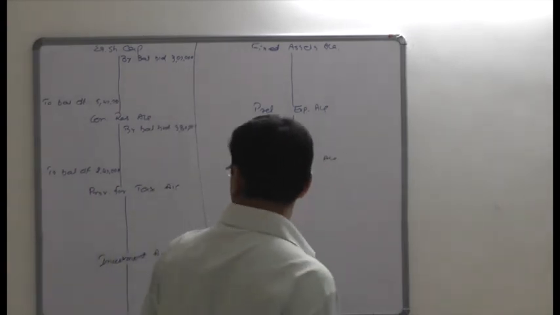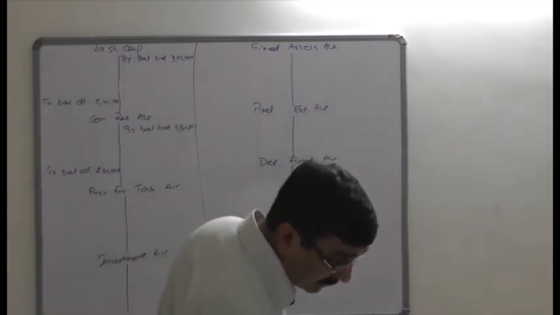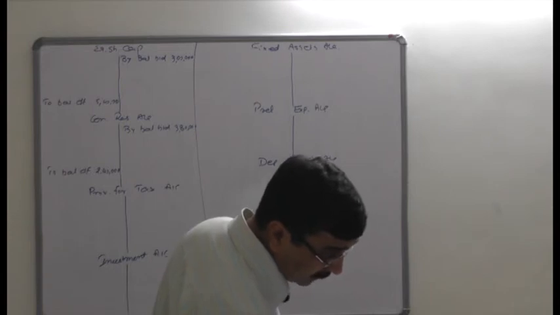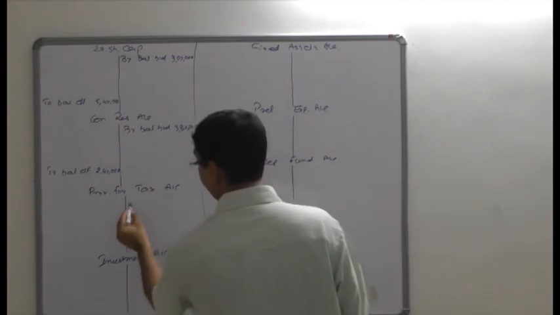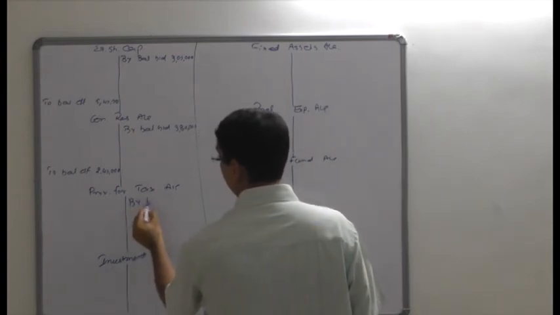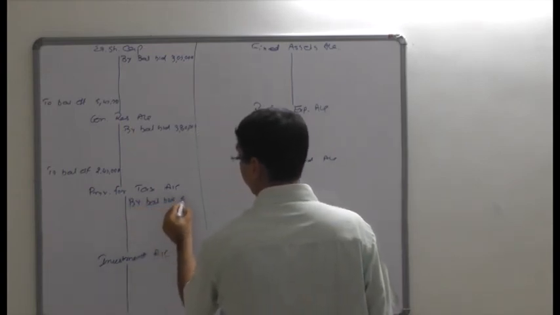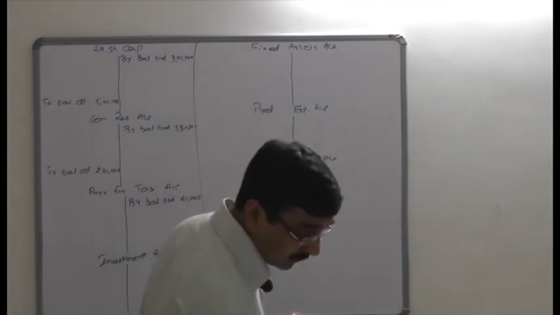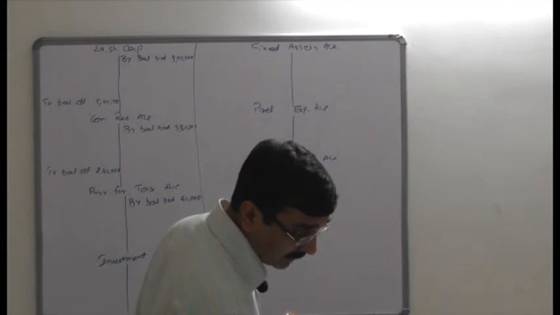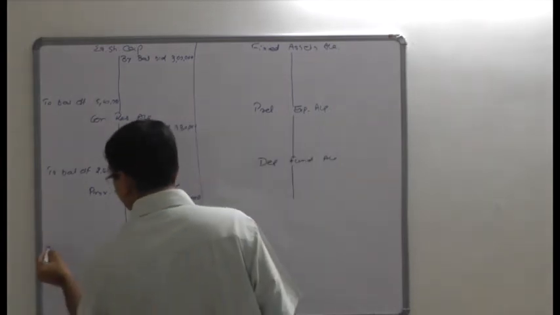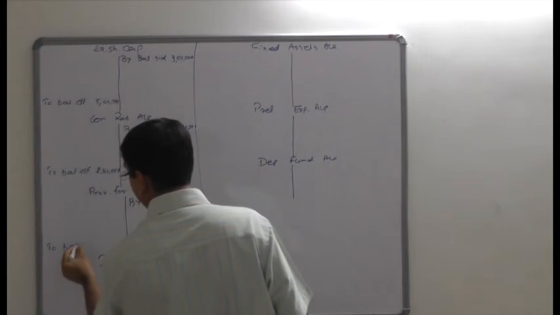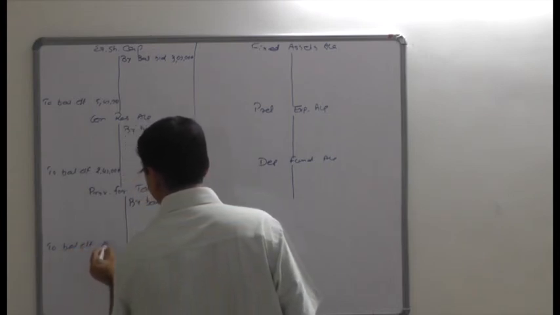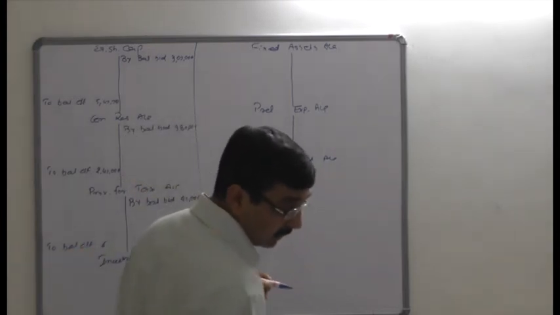Moving to the next, the provision for taxation, that is also a liability item. So the opening balance is written on the credit side first, that is 40,000. And the current year closing balance is 65,000 rupees, so that would be written on the debit side as the last item, 65,000.